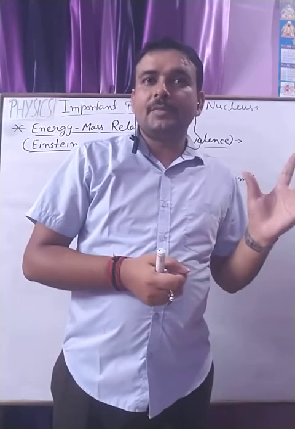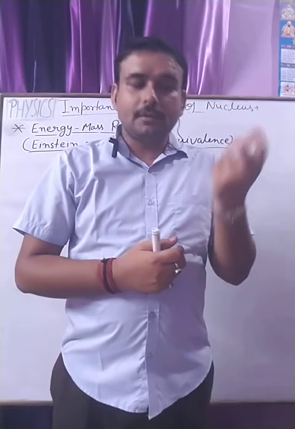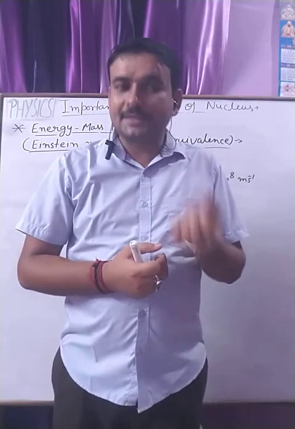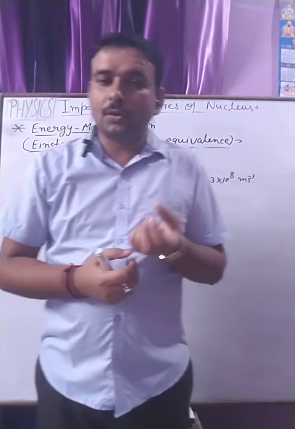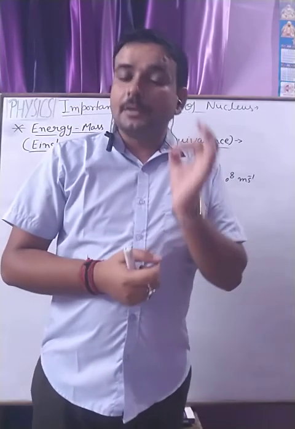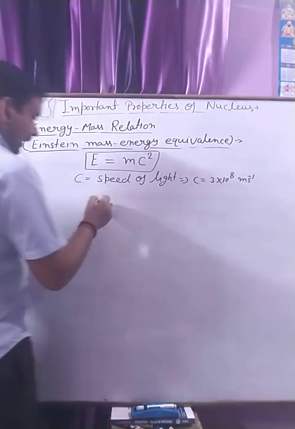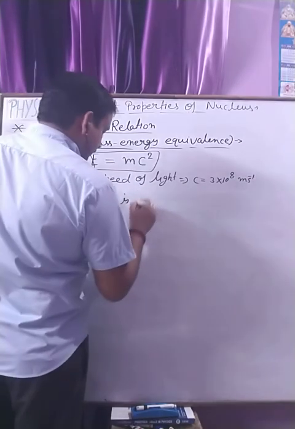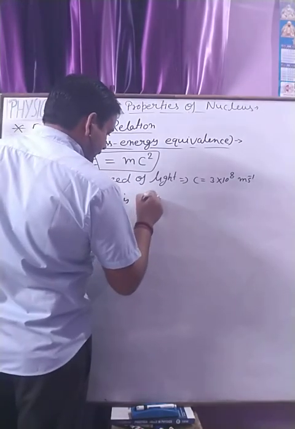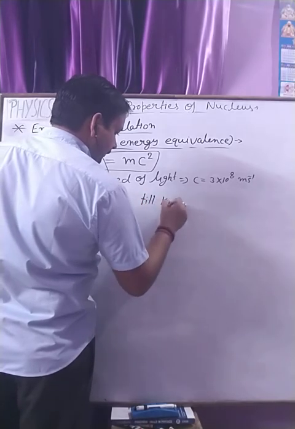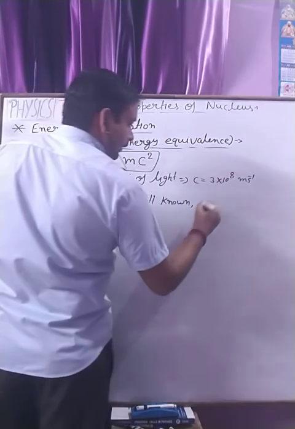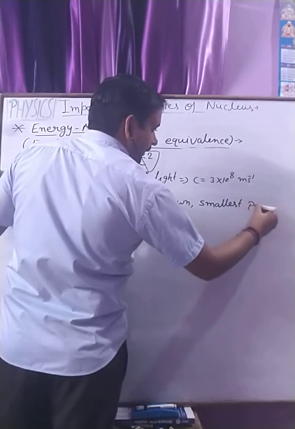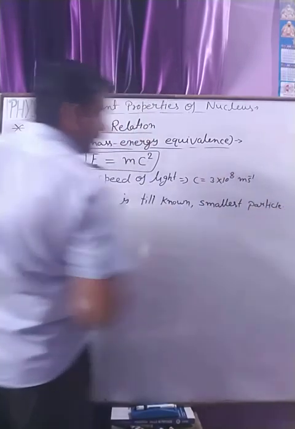Finally, it was experimentally found that the smallest particle, the atom, has three fundamental particles, or very small particles, like electron, proton and neutron, in which the electron is the smallest particle, till now known as the smallest particle, or we say element.